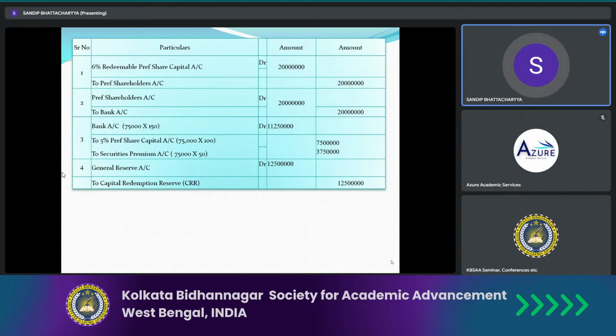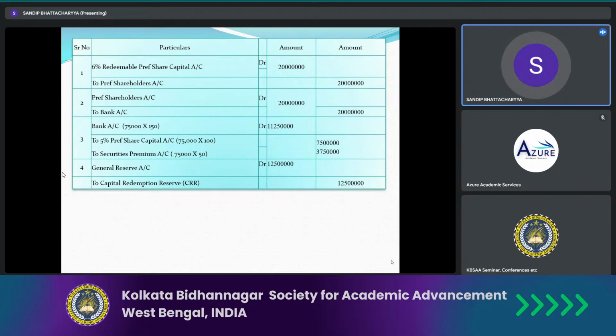Now your question might be, my dear students: sir, what will be the premium? Sir, you have mentioned already preference share capital account debit, premium on preference share capital account debit to preference shareholder. But in this case, there is only 6% redeemable preference share capital account debit to preference shareholder.